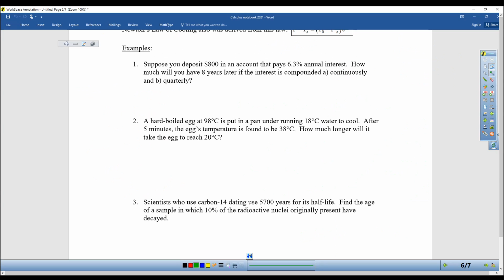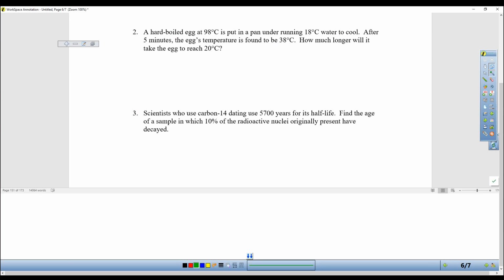All right, last one for this video. Scientists who use carbon-14 dating use 5,700 years for its half-life. Find the age of a sample in which 10% of the radioactive nuclei originally present have decayed. So the formula that you want to use is up at the top of the problem.